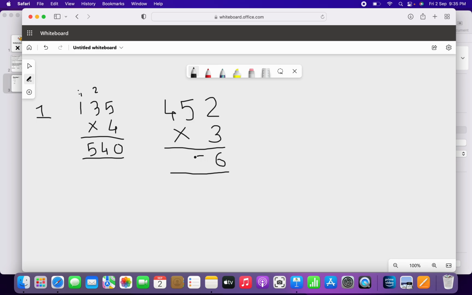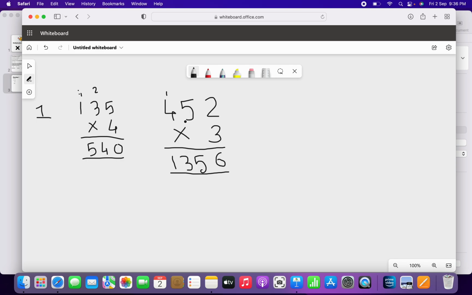So you write 5 here, the units, and you carry over the tens, 1 in the tens, and you carry over the hundreds on top of the 100. 3 4s are 12. 12 plus 1 is 13.